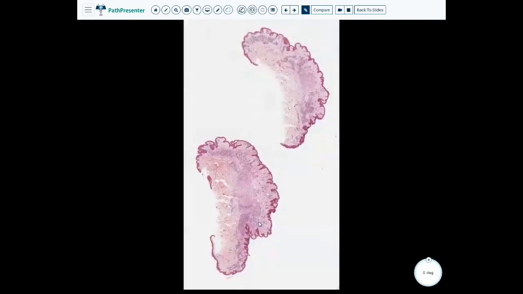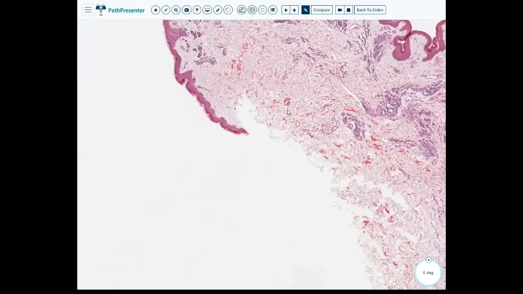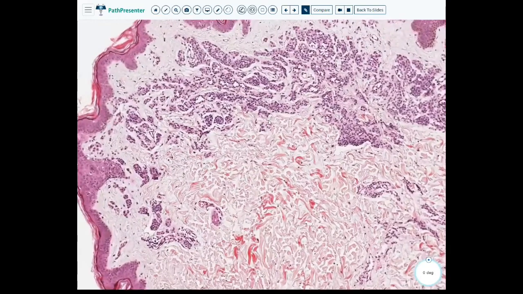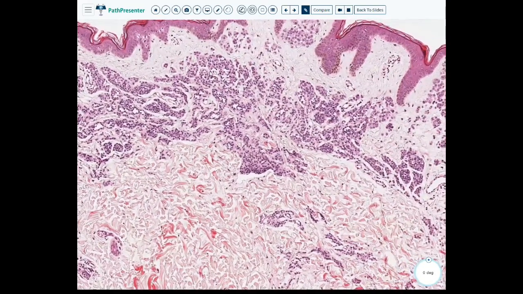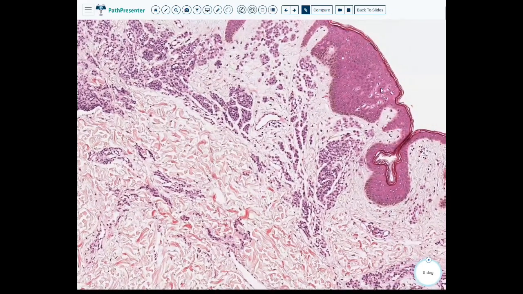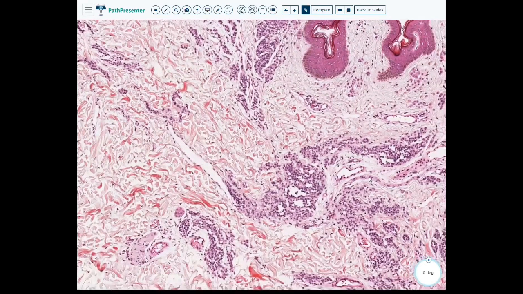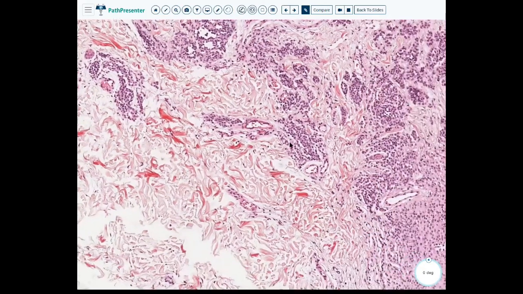Case 3. So this one I thought was a little trickier. Not tricky in that, okay, we have melanocytes here, a relatively happy epidermis, and maybe like some vessels.